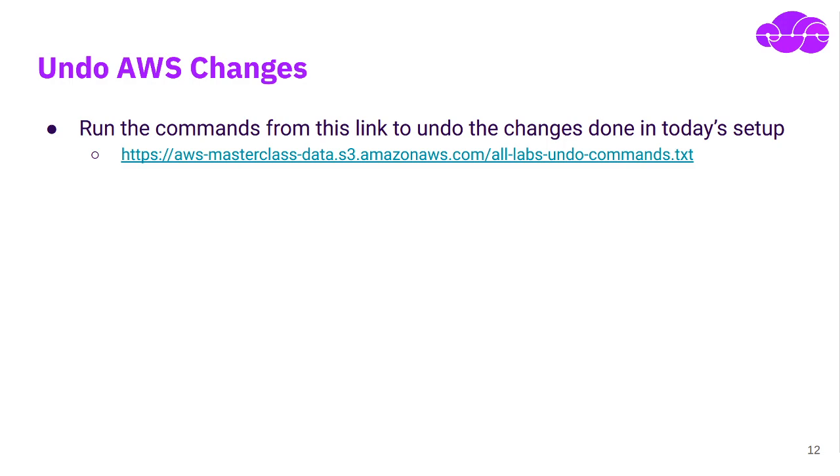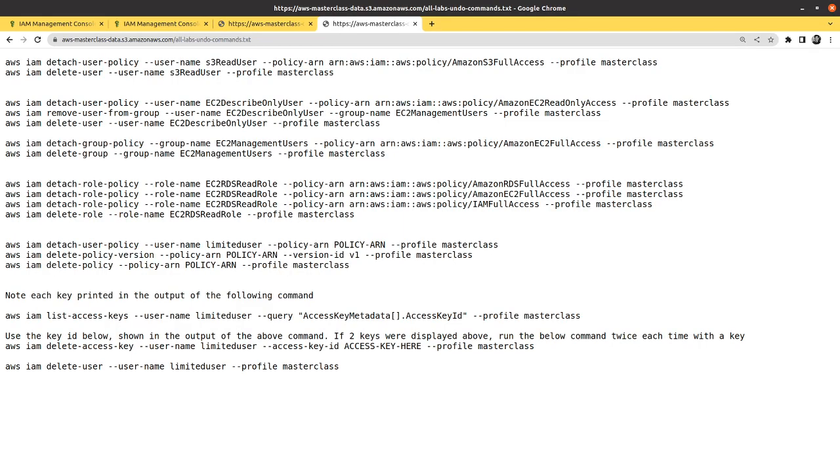Please go ahead and undo the changes that we've done. Assuming that you all want to undo, I would recommend you all undo. If you all want to go back and practice a little more, take your time to see what access you all created, what users were created, what roles were created, then you don't have to run this now.